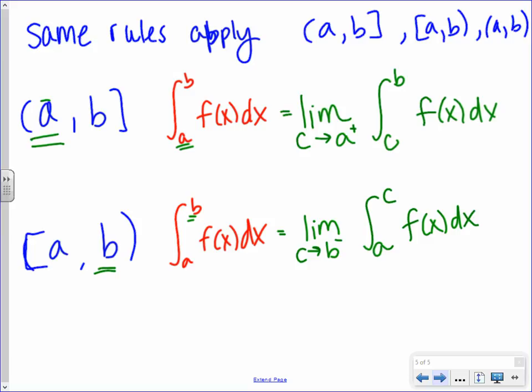For the most part, it's not going to be an issue. Most of them are going to be pretty straightforward.